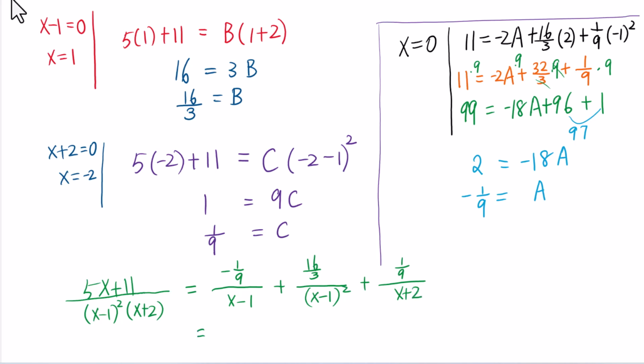Simplify again. We got negative 1 over 9 times x minus 1, plus 16 over 3 times x minus 1 squared, plus 1 over 9 times x plus 2.